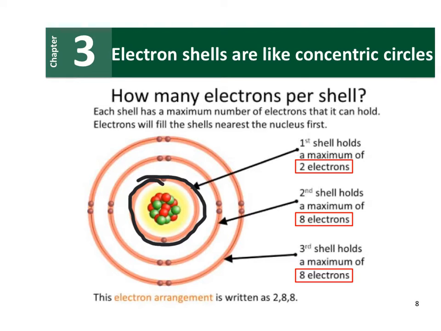So, for example, with some element with 2, 8, 8, that's 18, some element with 18 protons, we could look that up. They have 3 orbitals, 2, 8, 8. Now these electrons are going to be what allows elements to interact to form molecules.